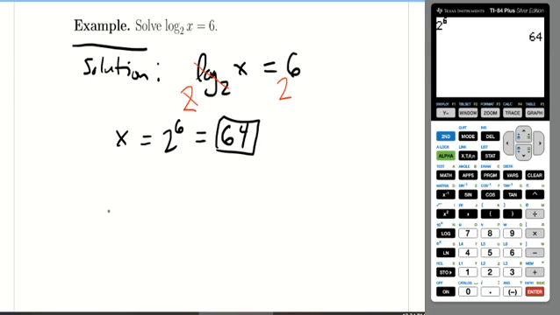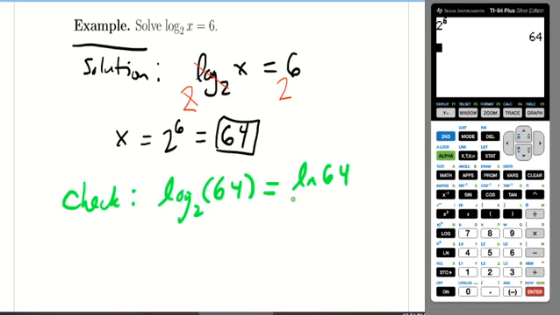We only get one answer, but if we wanted to check, we do log base 2 of 64 and see what that is. We have to use the change of base formula to put that into our calculator. So ln of 64 over ln 2 is what we hope it to be, 6. Yes, of course.